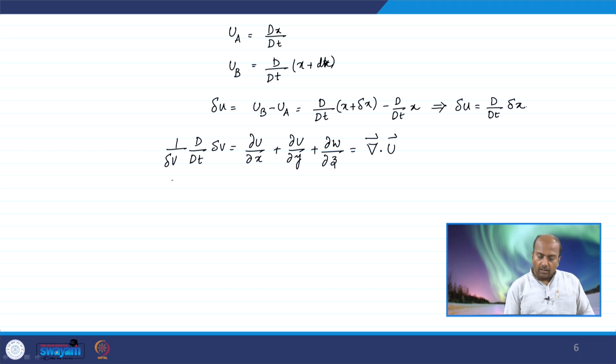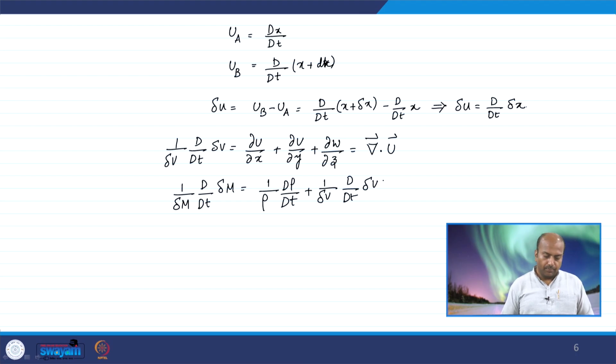And the second term that we have is the rate of change of mass, or the fractional change of mass with respect to time, which can be written as 1 by rho D rho by Dt plus 1 by delta v D by Dt of delta v.